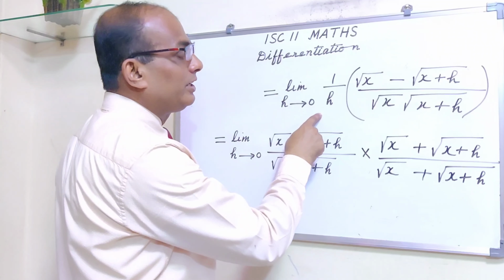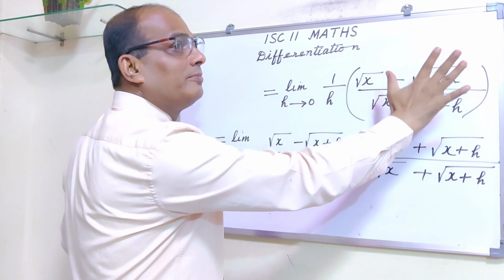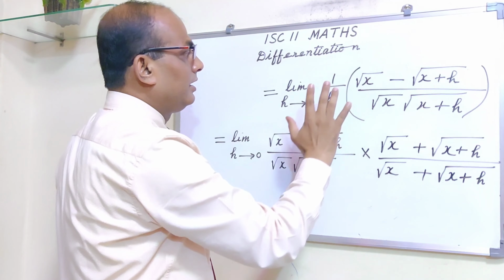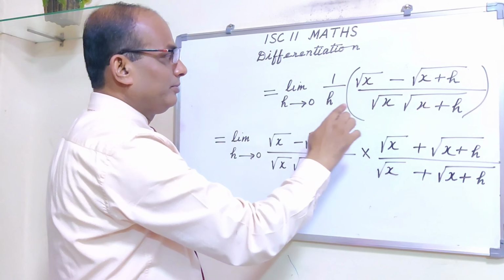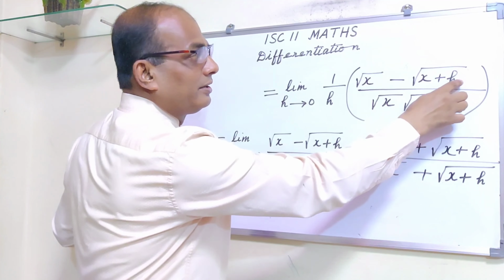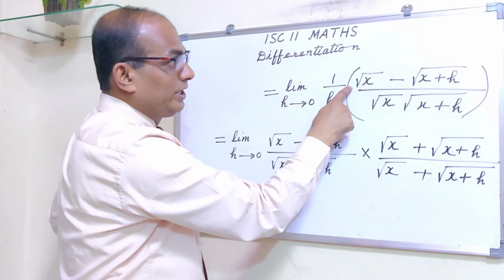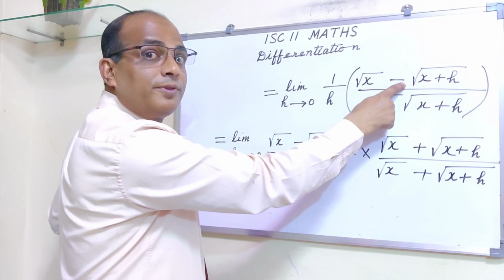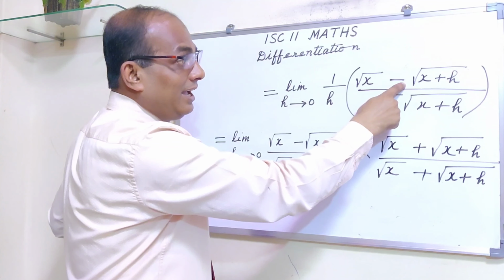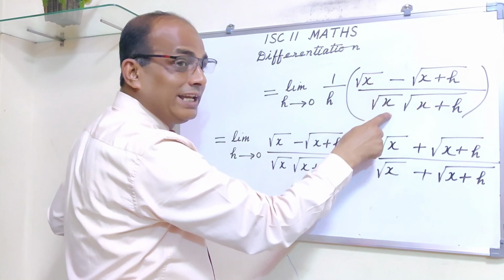Suppose you are putting h equal to 0 here. So you are getting an indeterminate form. When you put directly h equal to 0 here, you will get root x minus root x, which is 0, and down you will get root x into root x, which is x, so 0 upon x.